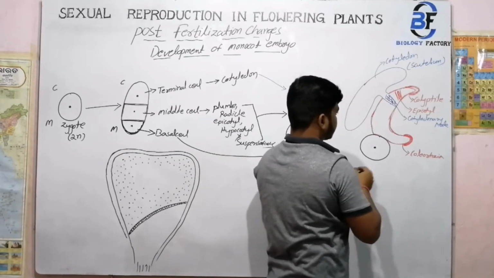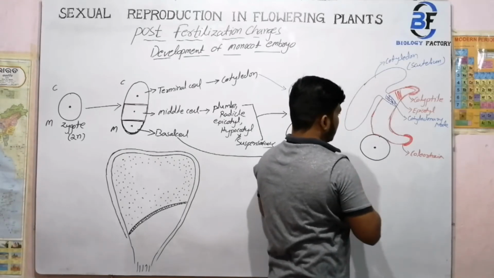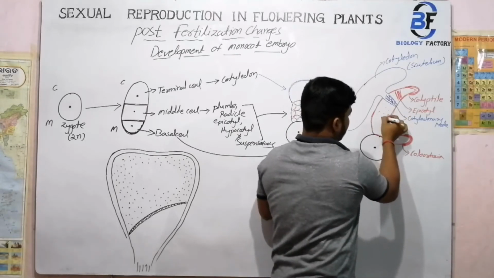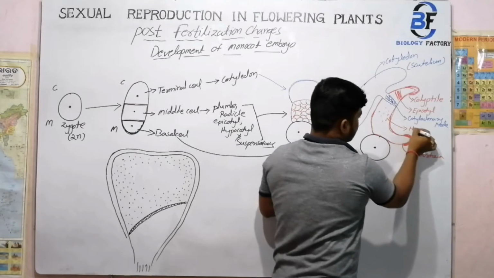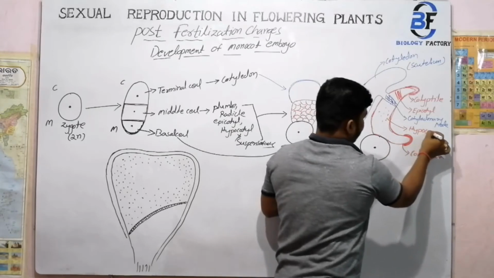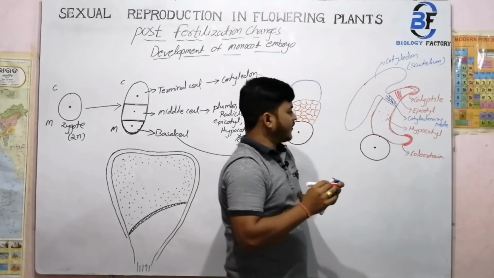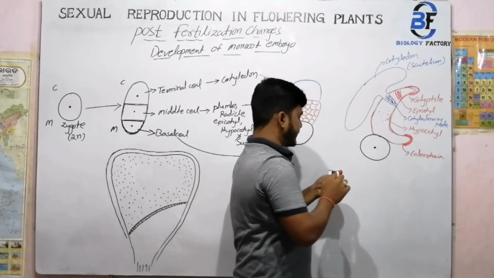And the lower part of the cotyledon is already known as your hypocotyl. So this part is your hypocotyl.